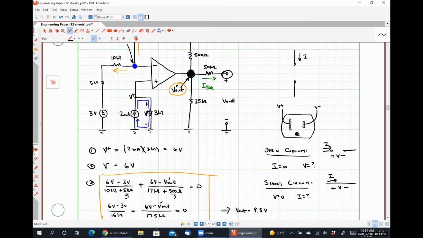If there were not an open circuit over which we were measuring V out, if there were a resistor instead, then the relationship between V out and V out prime would have to change because that current I50K is no longer 0. Did that explanation make any sense?